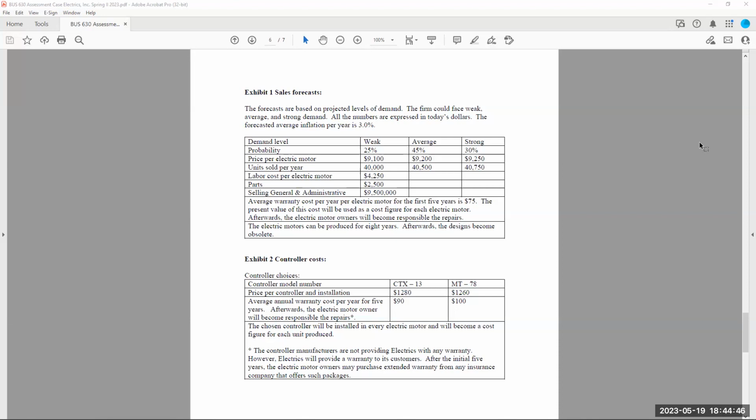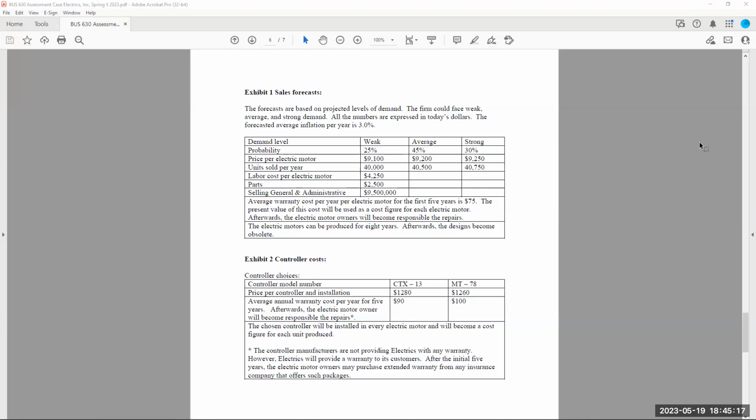So this is where this differs. The variable costs of labor, parts, and the actual controller installation, those costs are one lump number per unit. But also those are going to inflate every year at your inflation rate. The warranty cost line is separate because you should include the inflation in your 5-year cash flow that you're discounting to come up with that discounted cash flow number, which will be your warranty rate.